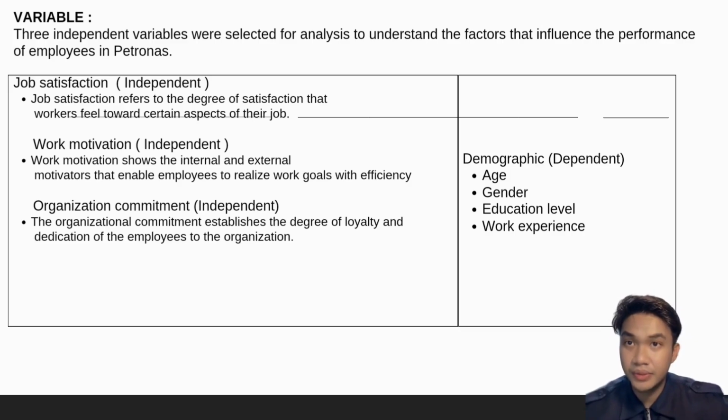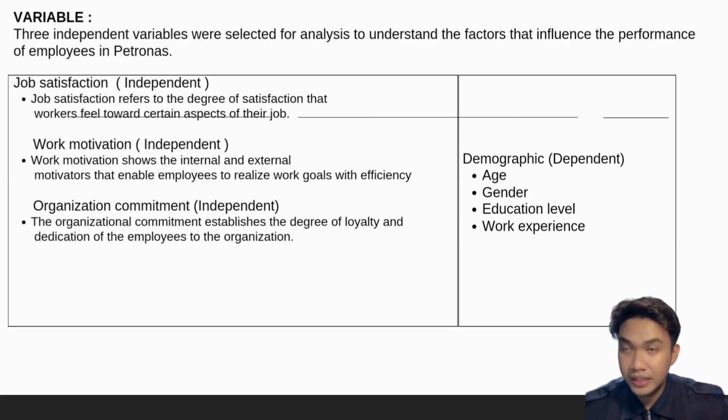Second is work motivation, which measures internal and external factors that motivate employees to work efficiently and achieve organization goals. Third is organization commitment, which assesses the level of loyalty and dedication of employees to the organization, which is very important to ensure the stability and effectiveness of the company.